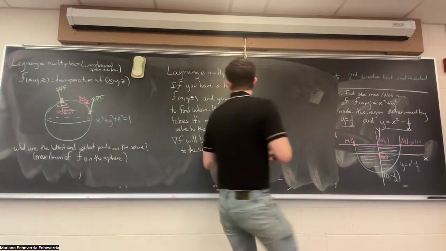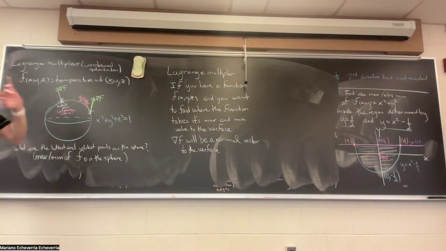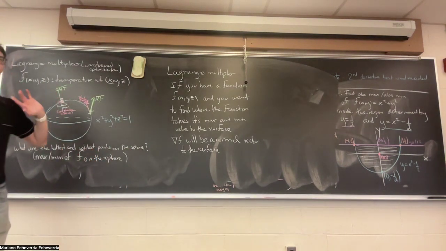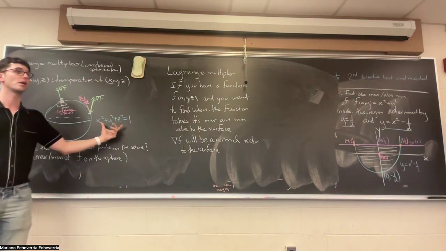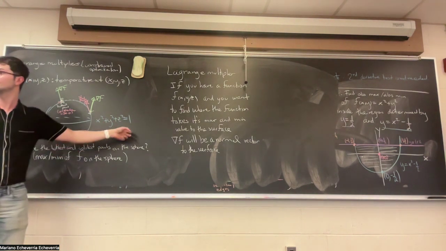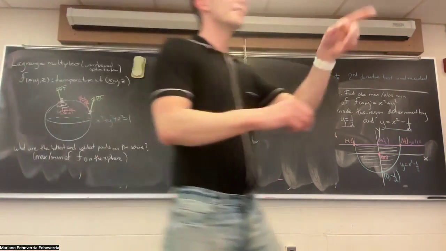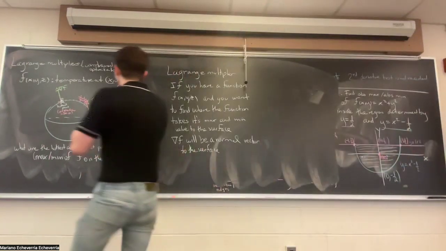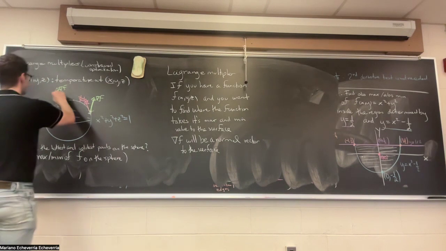Now, does anyone remember, if I gave you the equation of the sphere, how would you have found a normal vector to the sphere from this equation? There was a way that we already saw. By taking the gradient. Right, exactly. So we already had a normal vector to this sphere, which was the gradient of this function.